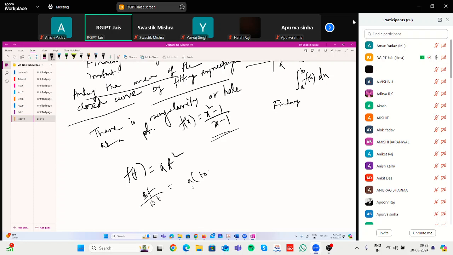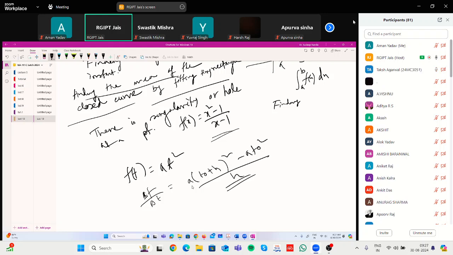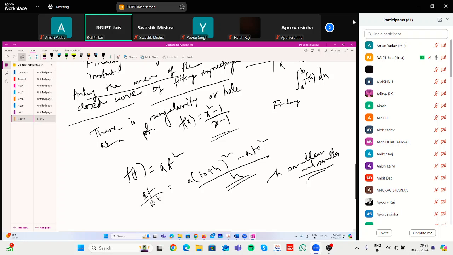So what is the instant speed? Here h you cannot take 0, right? Instead, what you have to do is take a smaller and smaller number, and you have to see what is happening. So you have seen various examples, right?